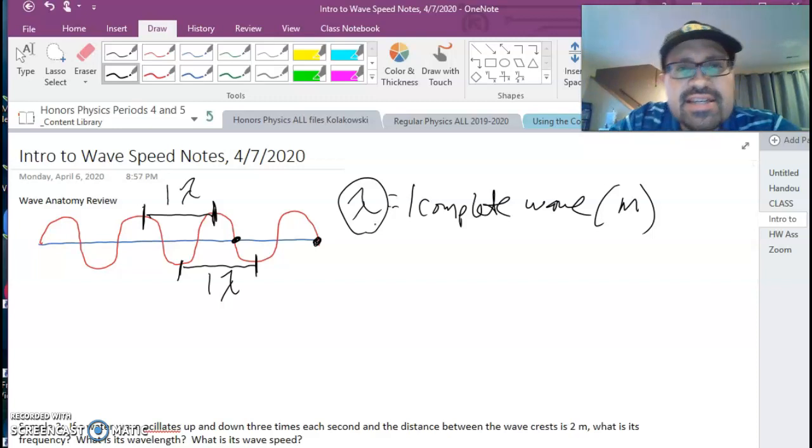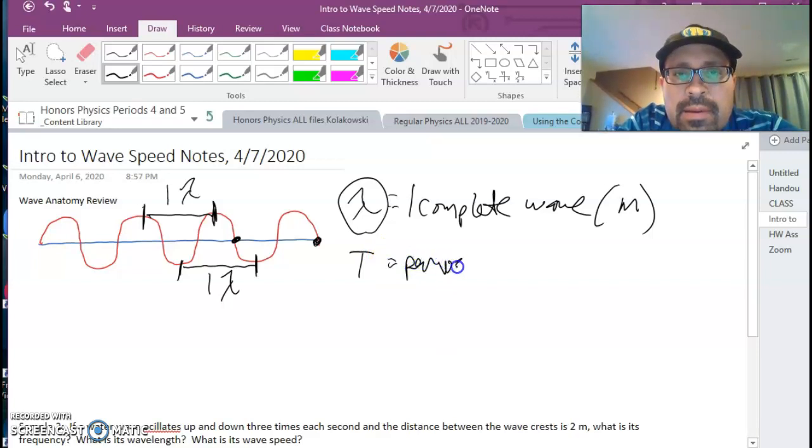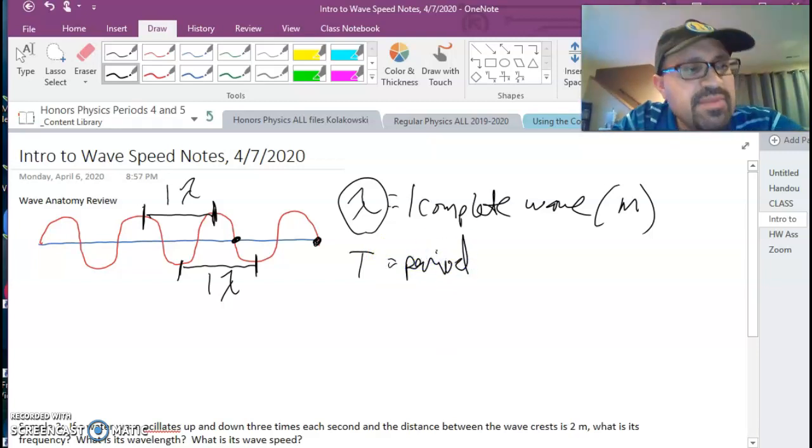Jumping into the next idea, as the wave propagates left to right here, is the concept of the period. And period is, let me write that out over here, the time it takes for one complete cycle to pass.